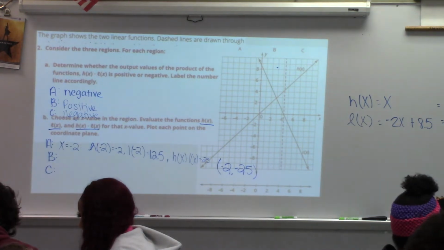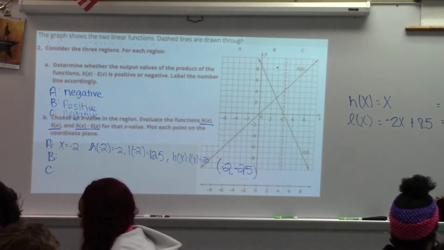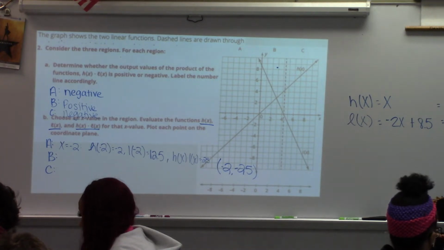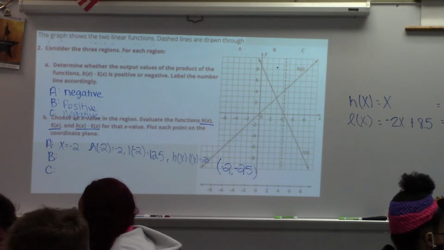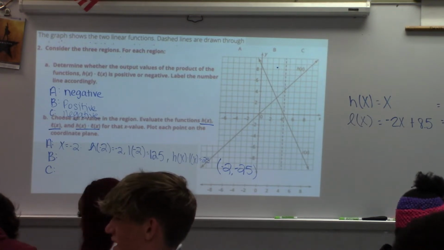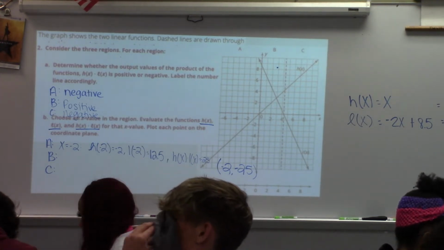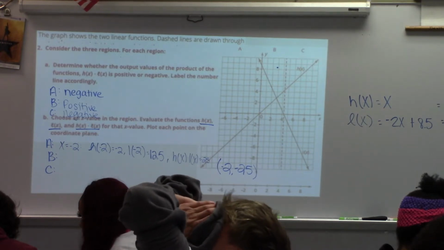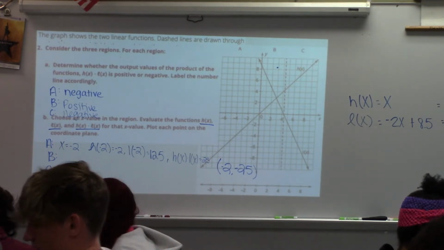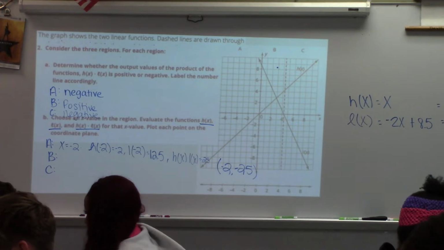So this one's asking you, what's the product every time it's crossing the x-axis? Like, what's the product of those functions when it's 0? So this product is going to be what? What's its y value? Like the y value where x is.